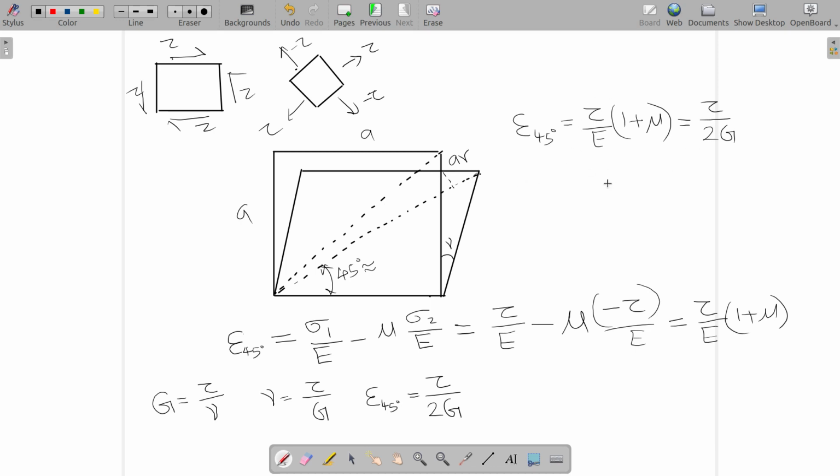Now just simply cancel out tau and write it in terms of E, Young's modulus. E is equal to, take 2G this side, 2G divided by 1 plus mu. So this is an important relationship for us. This is the relationship between Young's modulus, shear modulus and Poisson's ratio.